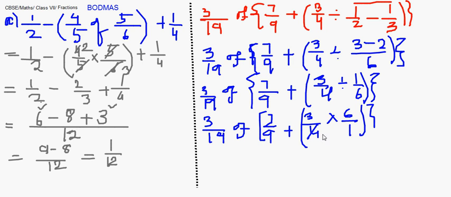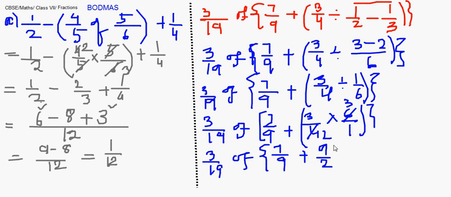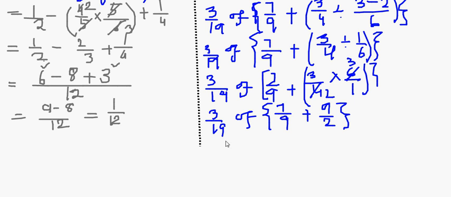I can cancel and reduce it to lowest term, dividing both of them by 2, thereby getting 3 by 19 of, in the bracket let 7 by 9 be as it is, plus we are now getting 9 by 2. I need some more space and to move the board. Okay, herein I'm getting 3 by 19 of, now we need to solve the one which is in the bracket.